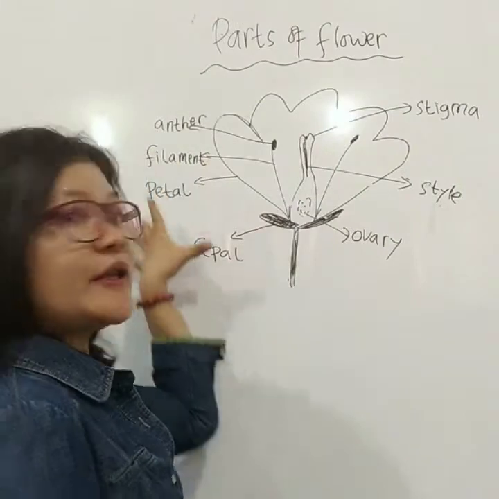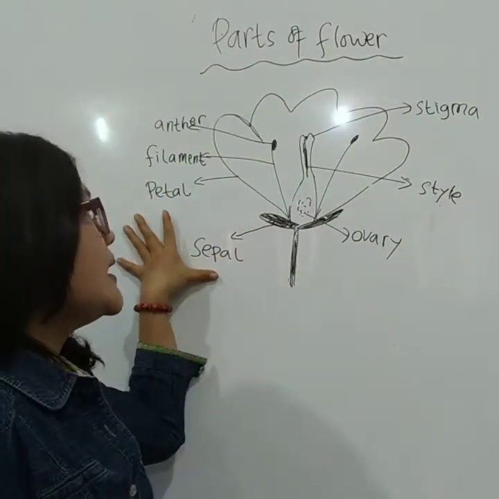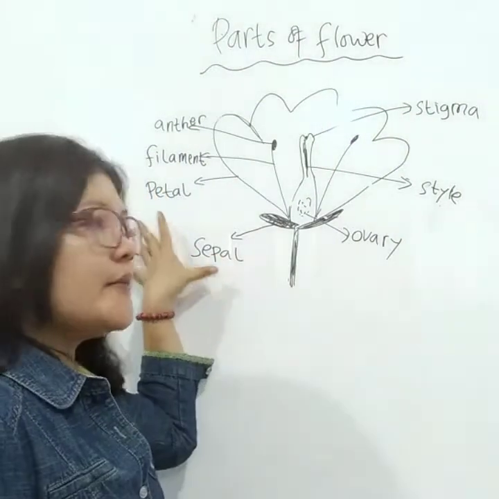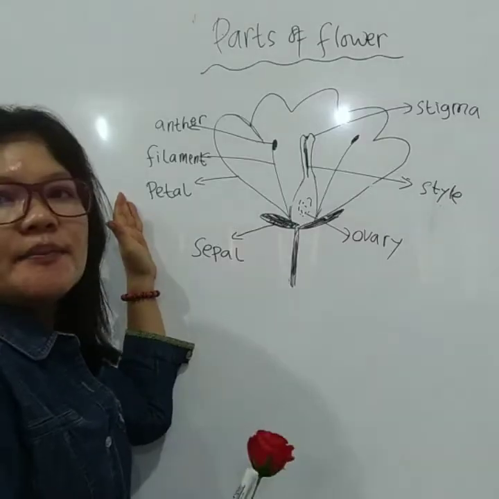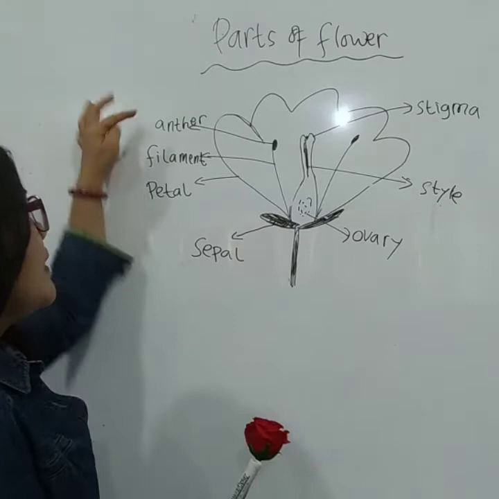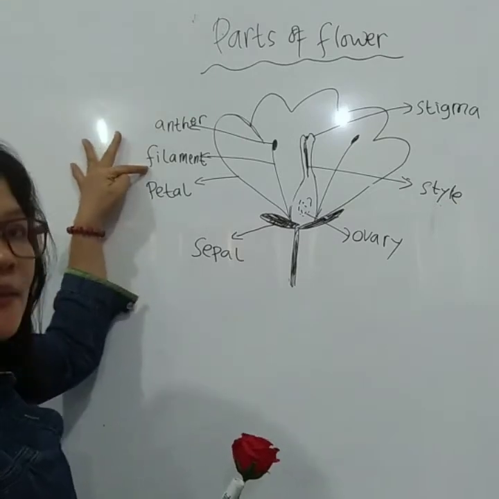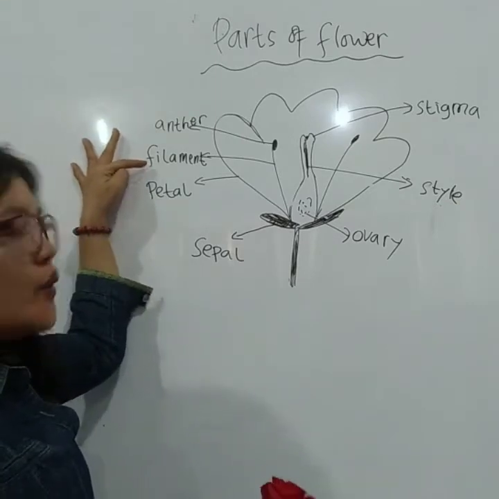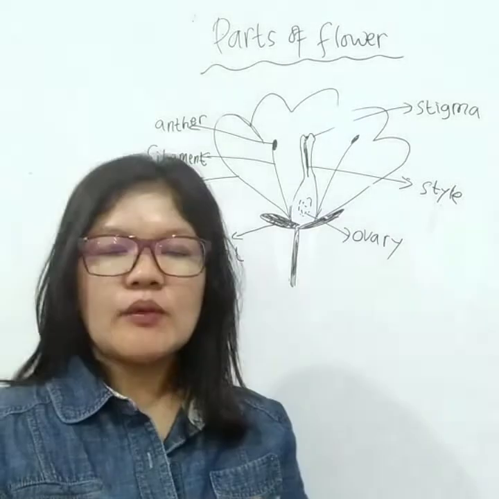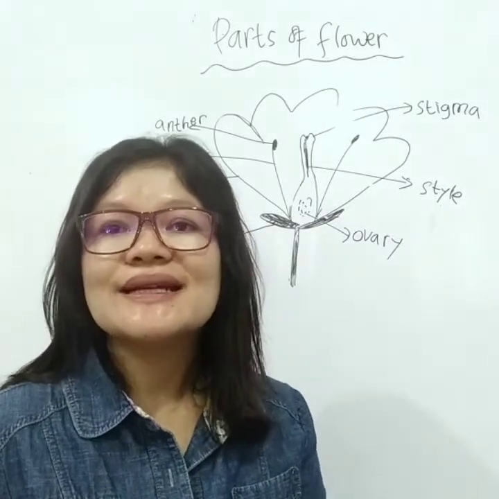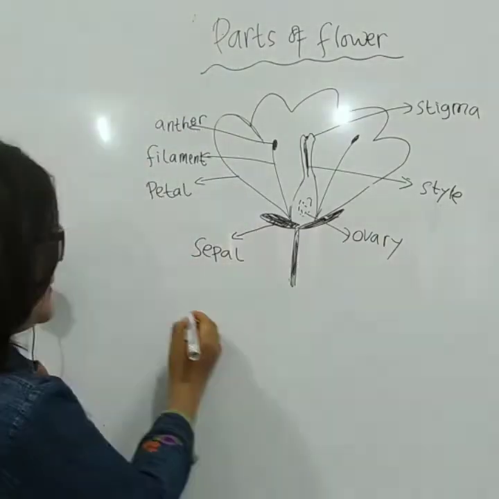From this picture, we can classify the male and female parts of the flower. The male parts of the flower are the anther and filament. We call them the stamen.